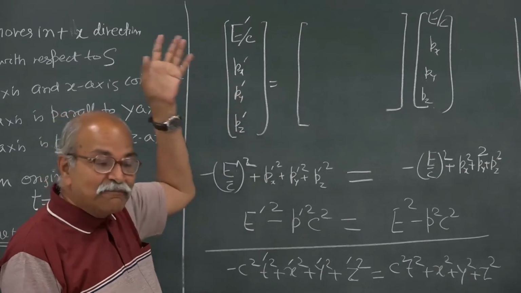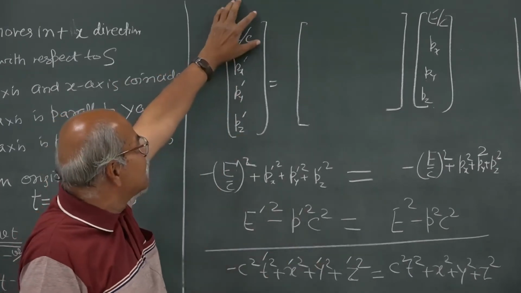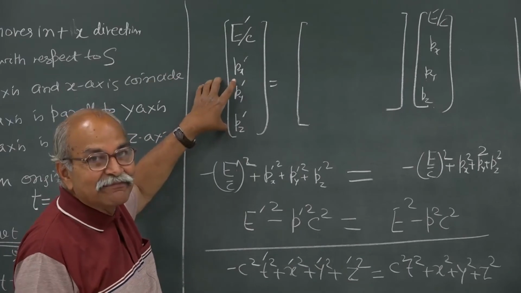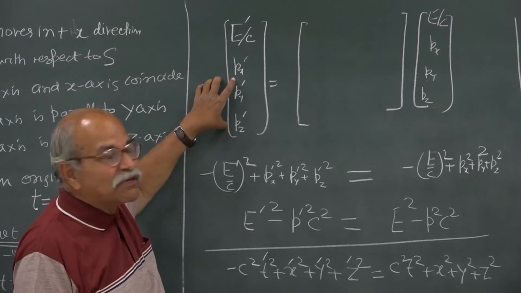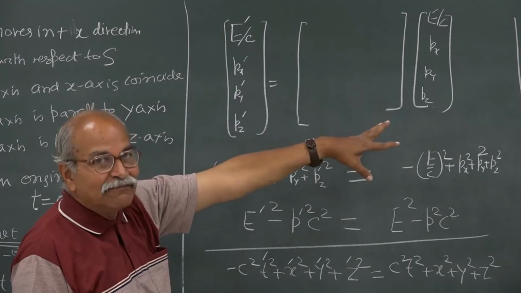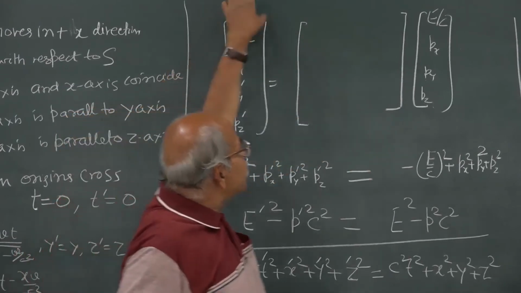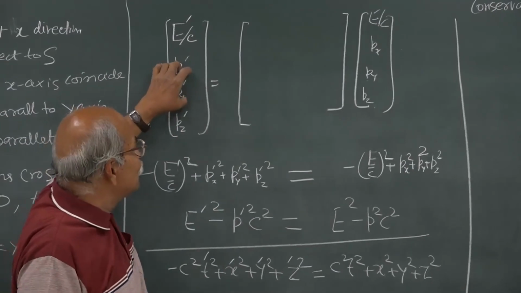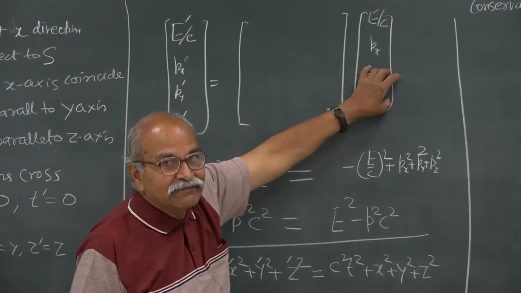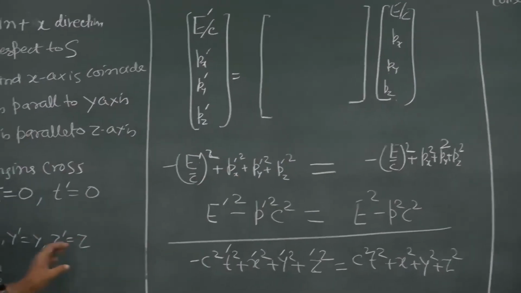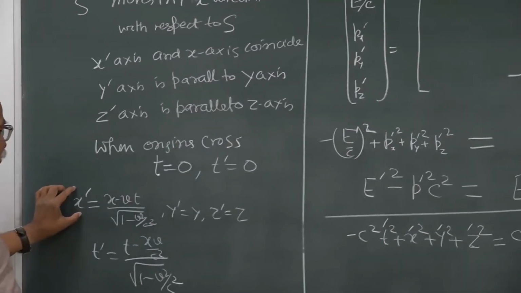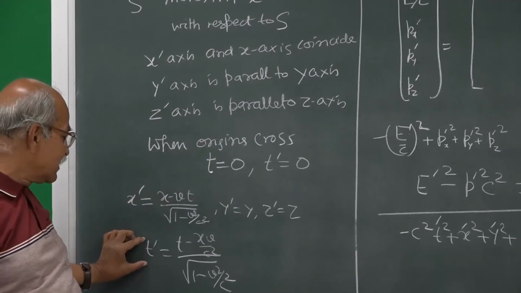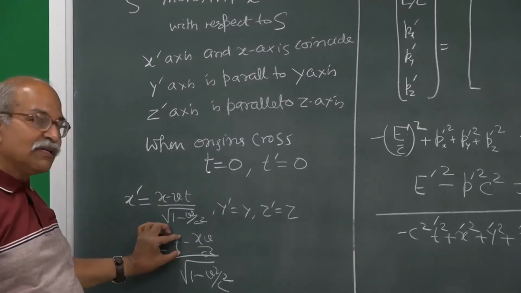In one particular frame, yes, you have a separate existence of energy and a separate existence of linear momentum. But when you change to some other frame, this energy is not related solely to that energy, and this linear momentum is not related solely to that linear momentum, just like this position x is not related solely to that position x, or this time here is not related to the time there.